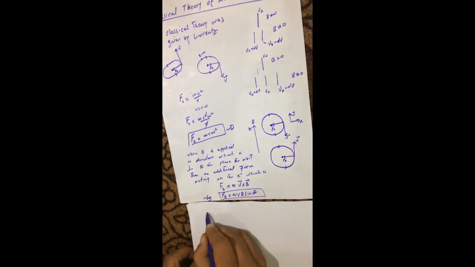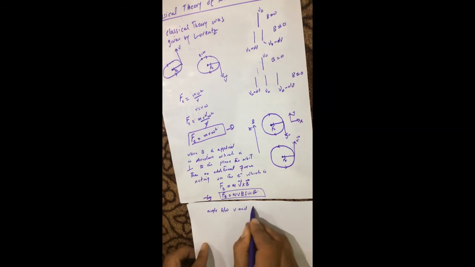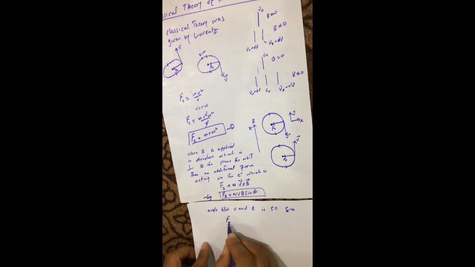Now the magnitude of this force is this one, and we know that the angle between V and B is 90. So this magnetic force on the electron is QVB.